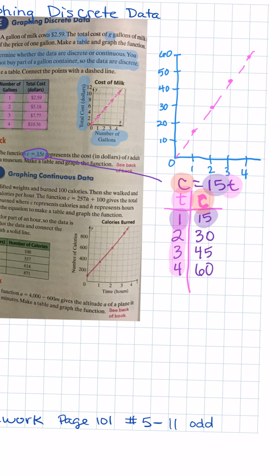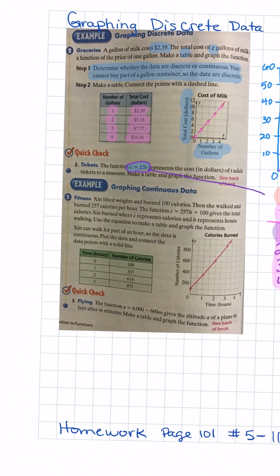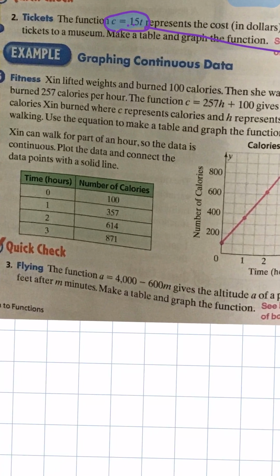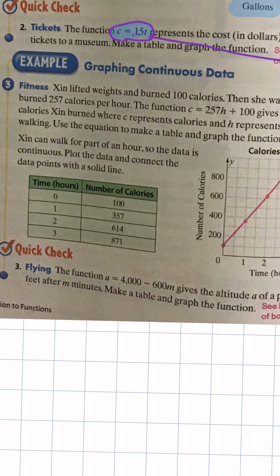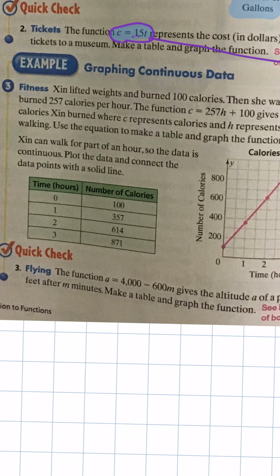Let's take another look at doing a continuous data graphing. So, Zin lifted weights and burned 100 calories. Then she walked and burned 257 calories per hour.